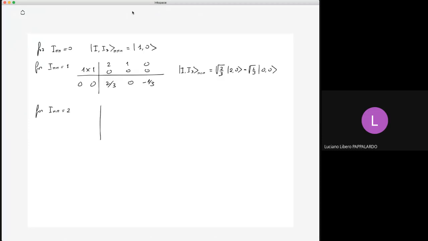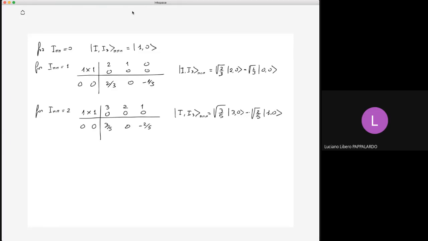In this case, the Clebsch-Gordan table is the following: 1 times 1, and we have 3, 2, 1, 0, 0, 0, 0, 0, and the values are 3/5, 0, and minus 2/5. So in this case, the total wave function will be square root of 3/5 times 3, 0, minus square root of 2/5 times 1, 0.